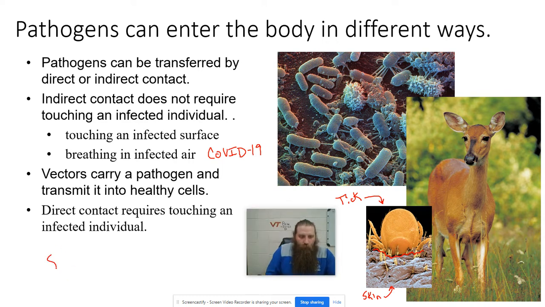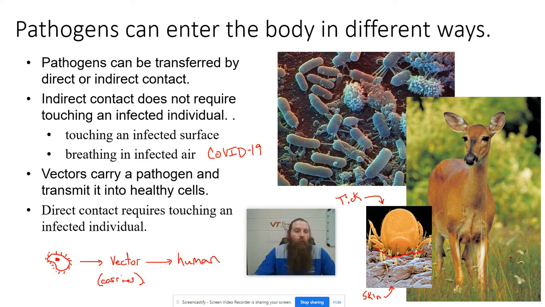So if you have a bacteria or a virus or something, right, here's our drawing of the bacteria again. It's got those little cilia, it's got a nucleus. If it goes through another animal, so we'll say the vector, then it can go to, say, a human. So a vector is if you have a carrier. All right, so a tick is a carrier.